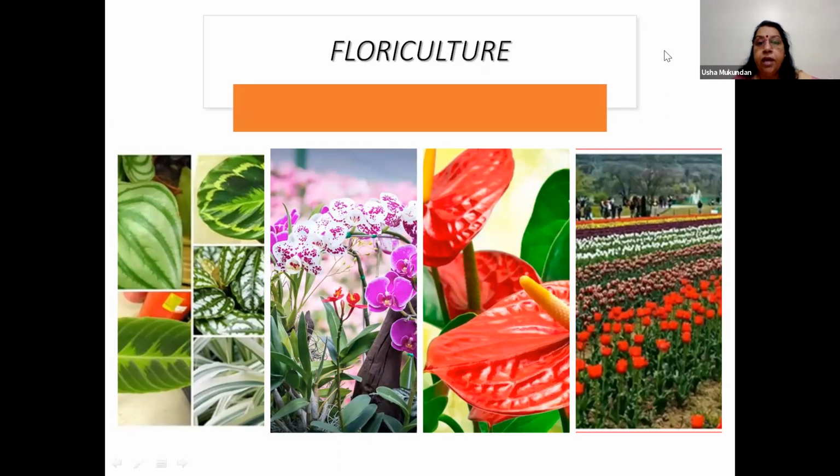Floriculture is a very big industry in a country like India because India is bestowed with all 3 seasons, it has the best meteorological conditions, labor is cheap, and a large amount of flowers can be grown in different seasons and in different parts of the country. As a result, floriculture becomes a very big industry in our country.